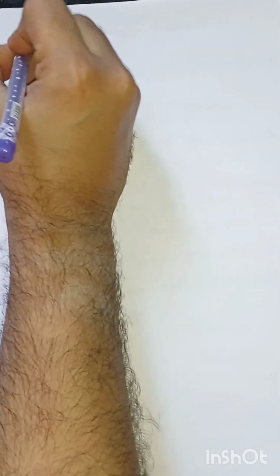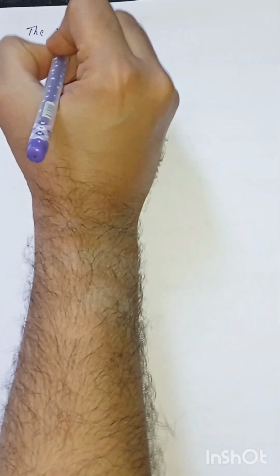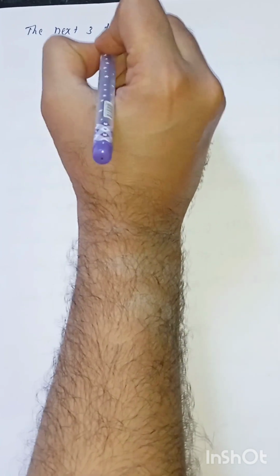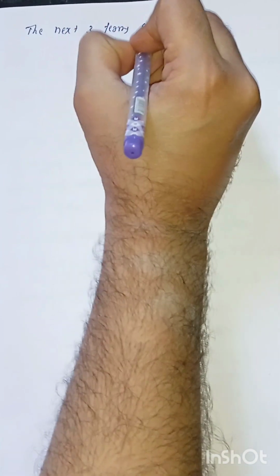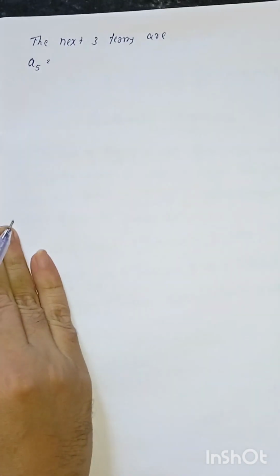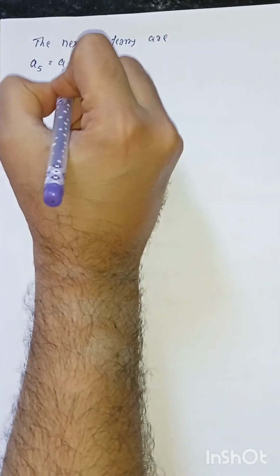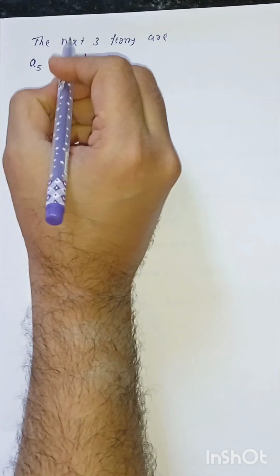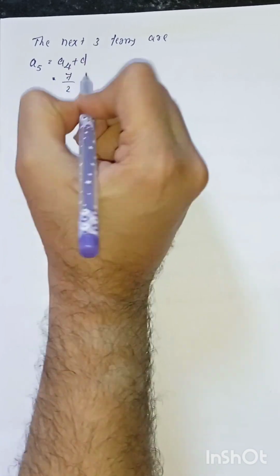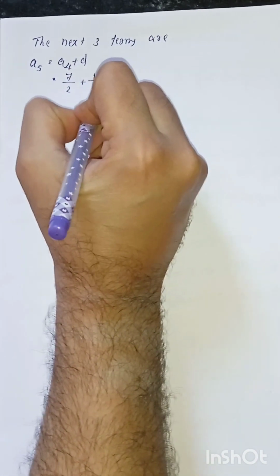The next three terms are, that means A5 equals A4 plus D. As per the problem, the fourth term is 7 by 2 and the common difference we just got is 1 by 2.